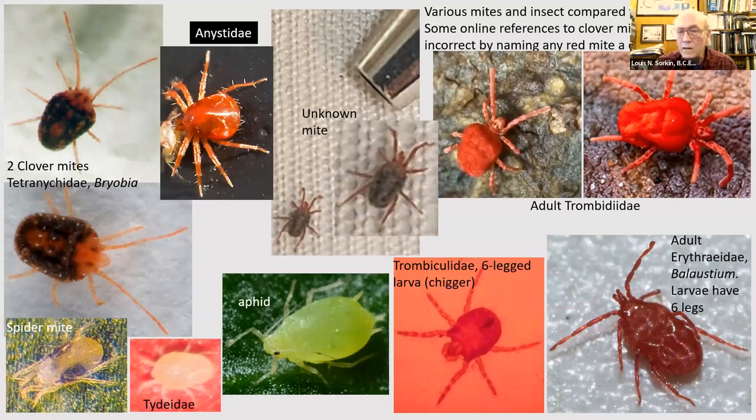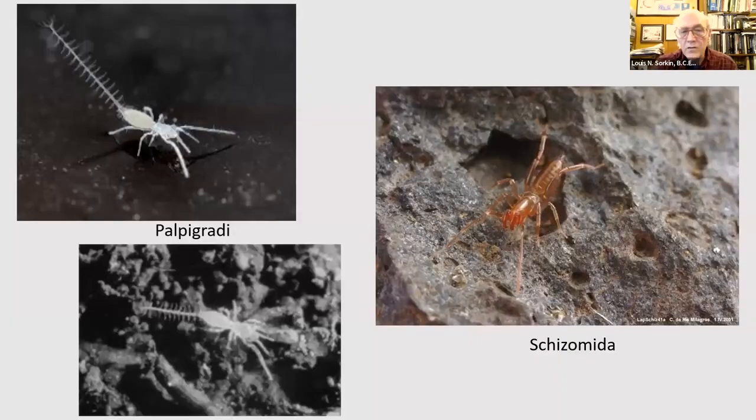But six-legged larvae and eight-legged nymphs and adults. Sometimes the immature stage of mites can be parasitic, and then the nymphs and adults are predaceous, sometimes on insect eggs, mite eggs, or insects and mites and other small arthropods. Just to show you another kind of arthropod, another arachnid, this is a palpigrade.